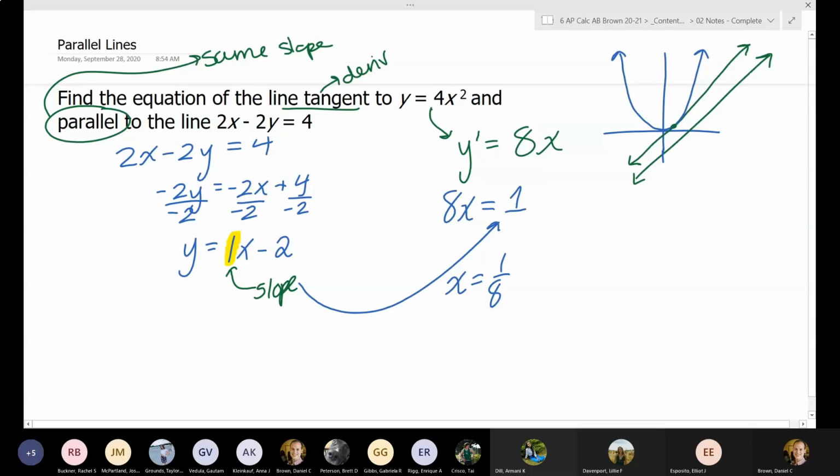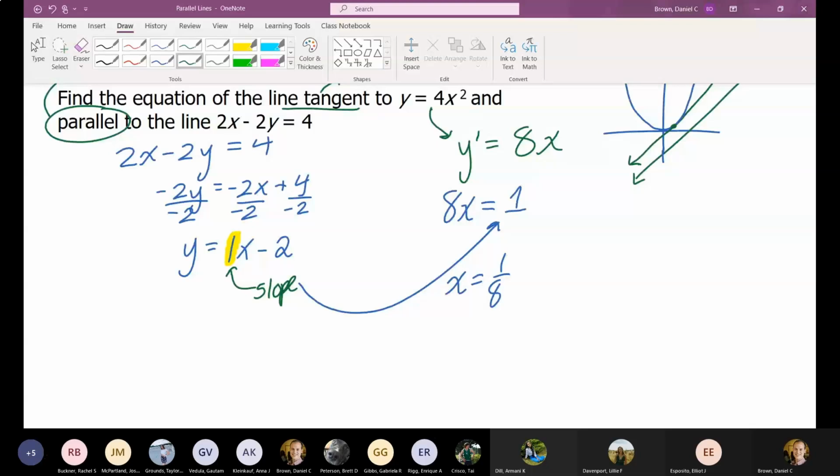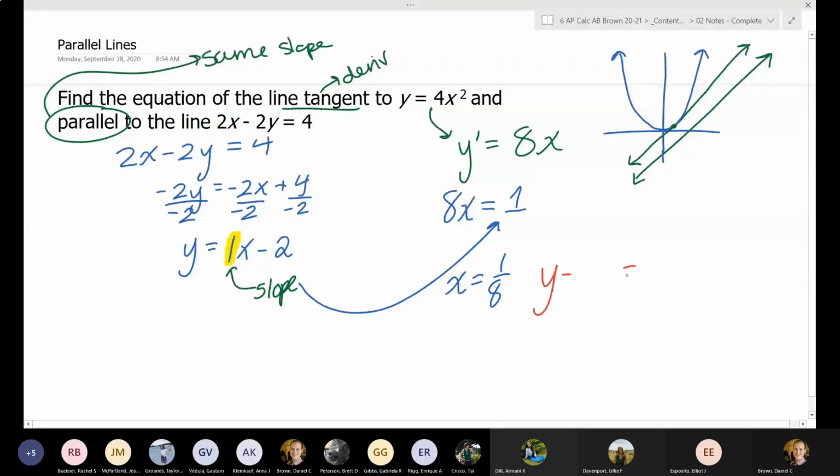And we don't have to be fancy about this. We really have everything we need to know. So the tangent line we know is y minus the y coordinate is equal to the slope times x minus the x coordinate. Well, the slope is clearly 1. That's what we just found. The x coordinate we also just found, that was 1/8. Well, how do I find a y coordinate?